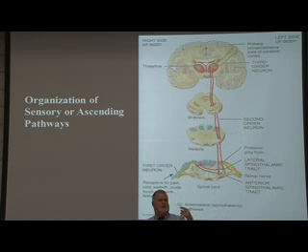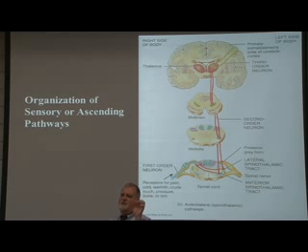And so it's a second order neuron because it's the second neuron in the pathway. And then it's going to synapse with the neuron whose cell body is in the thalamus. And then the role of the thalamus is to relay it to the appropriate area on the primary somatosensory gyrus so that we have cognition of whatever sense it is.